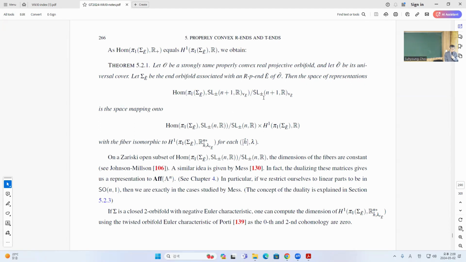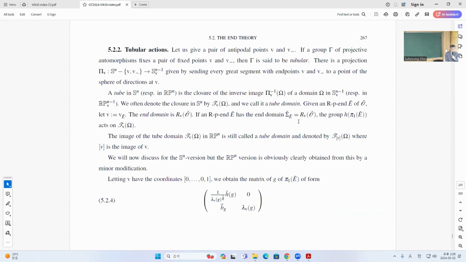These sort of ideas are many. If you put a restriction like this, then you can always do these kinds of things. But I think Porti did something similar in his recent paper, right? And so we have what you call the tubular action. Associated with anything like this, we can obtain something called the tubular action.